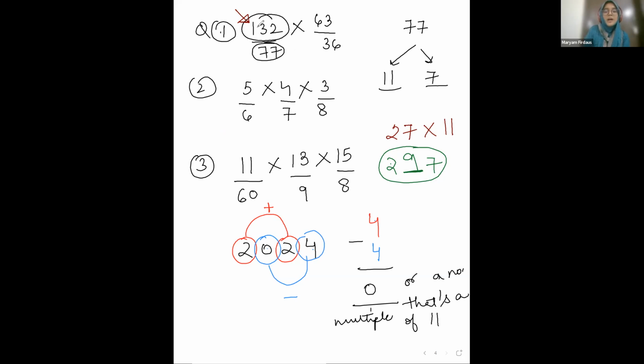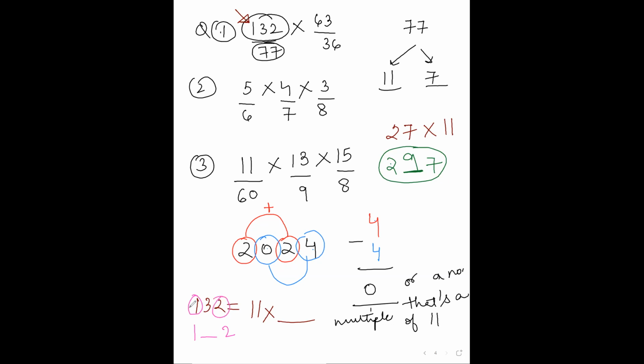Okay. So can you tell me 132? We found out that 132 is divisible by 11, but 132 is equal to 11 into what? What was the number here? No, the two digits which you see, Hiba, 27, when we multiplied it with 11, we got a number where the first digit was 2, the last digit was 7, and the middle digit was the sum of both of them.